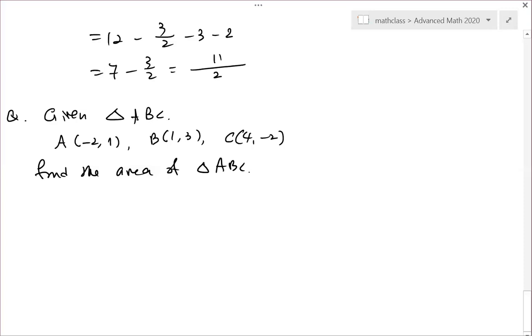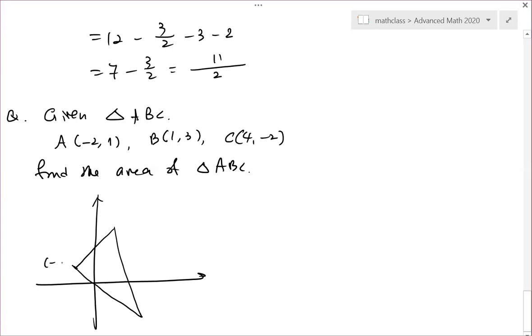Anyone has quick answers? So you draw the picture first. You need to quickly draw the triangle. Okay, so it looks like that. You got -2 and 1, you get 1 and 3, and you get 4 and -2.